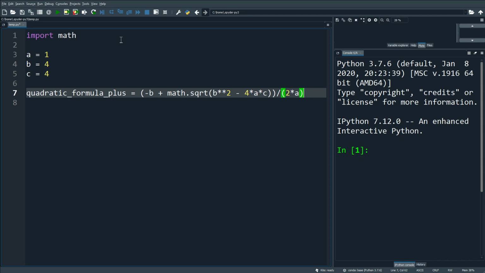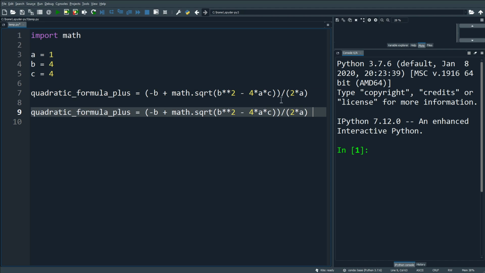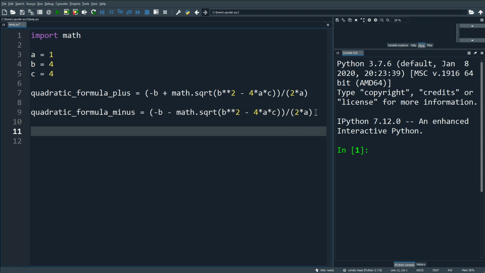Wonderful. Now, I can just take this quadratic formula plus, copy most of it over, but make a negative version, or plus minus, and make this a subtraction. So now I have my two quadratic formulas.